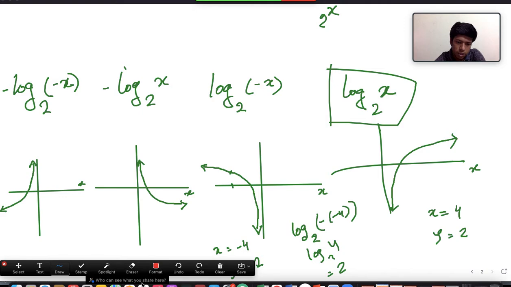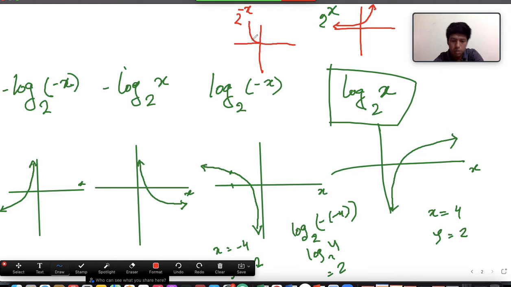Let's use red. So this is the 2 to the power x graph. Y equal to, or if x equals to, you can say. Okay, very good. So 2 to the power minus x graph is which one? 2 to the power minus x graph is this one.